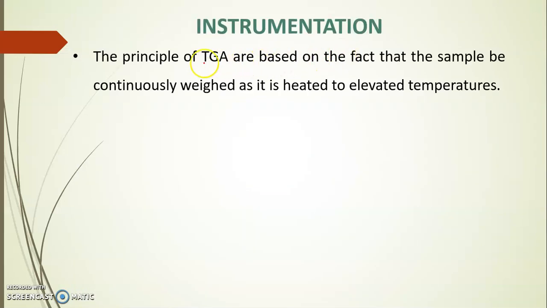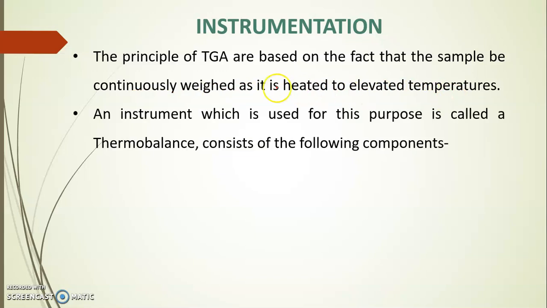Now the next point is the instrumentation of the TGA method. Which type of instrument do we require? The principle of TGA is based on the fact that the sample is continuously weighed as it is heated to elevated temperature. Previously we saw the principle. So we require an instrument with which we can measure the weight loss as well as the elevated temperature.